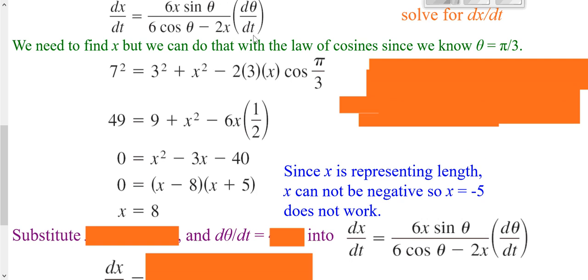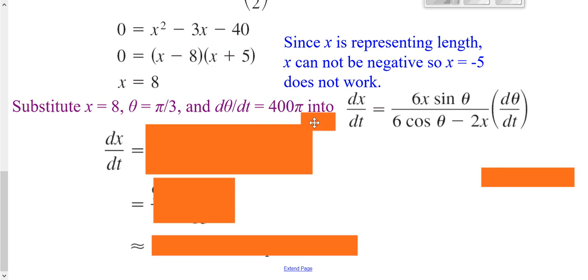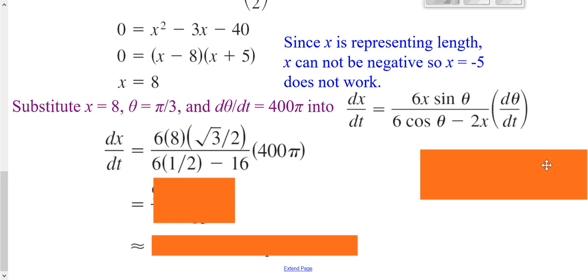So we take our derivative, which I copied down over here on the right. We throw in our x being 8. We throw in our angle being pi over 3. We throw in our d theta/dt being 400 pi. So if we plug all that stuff in here, we would get this. Then all we have to do is simplify it down.